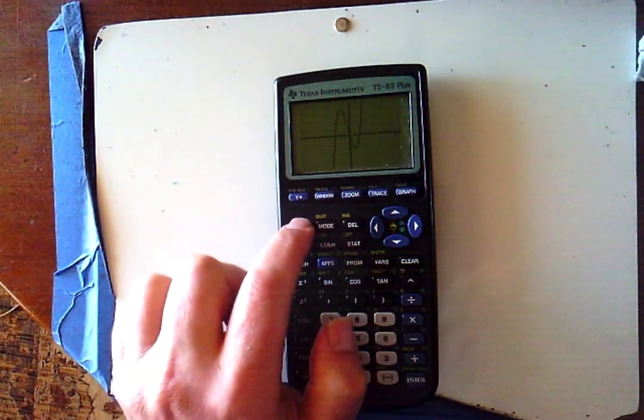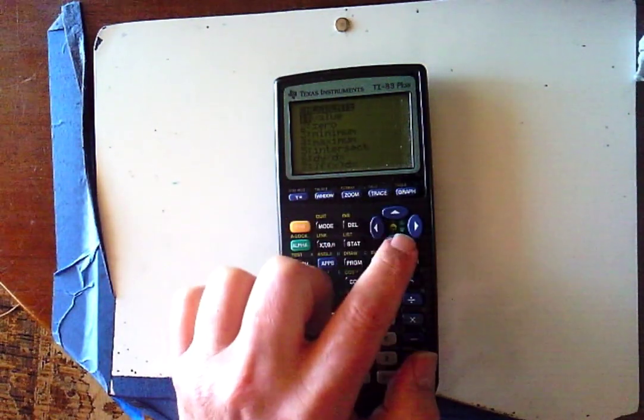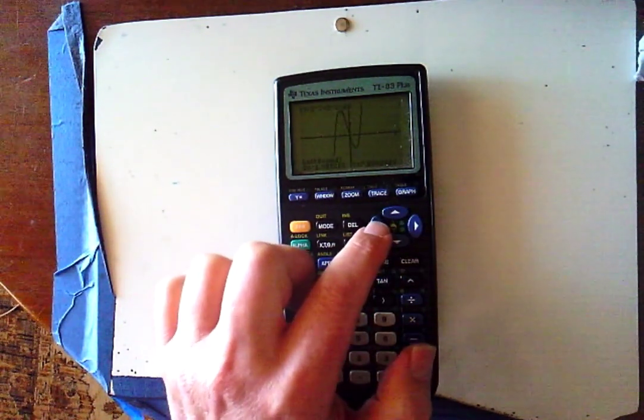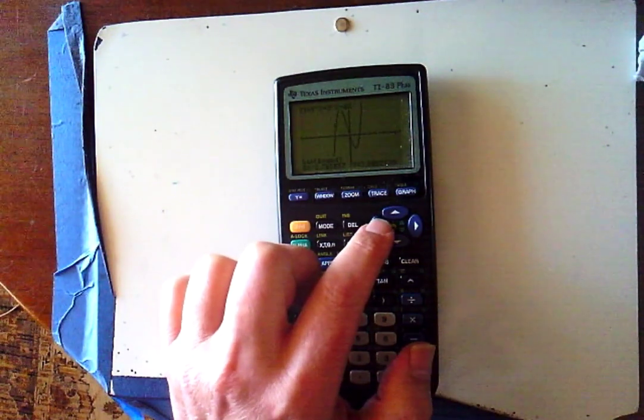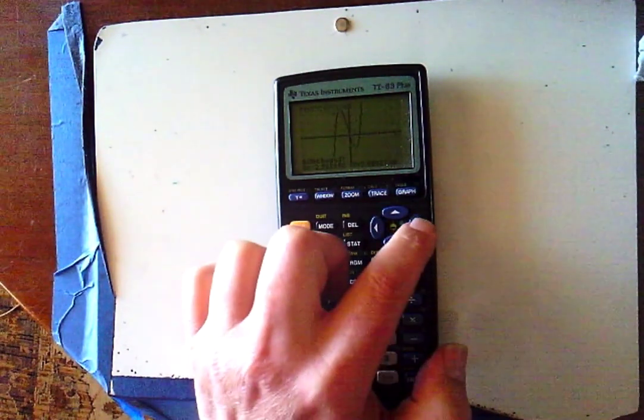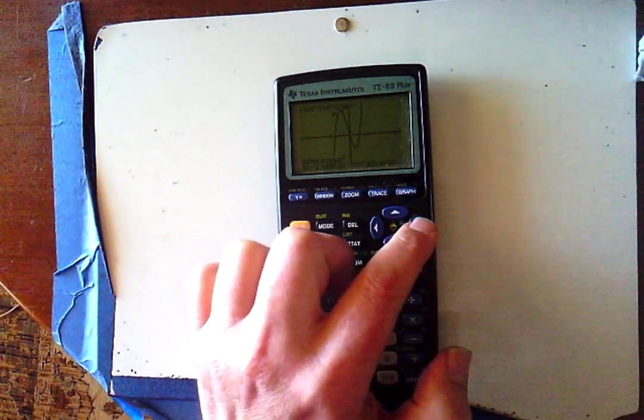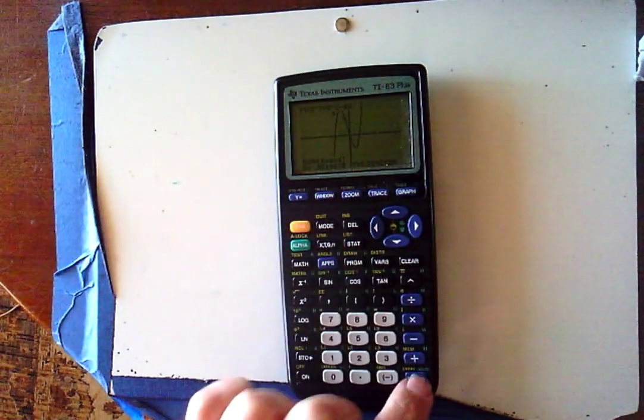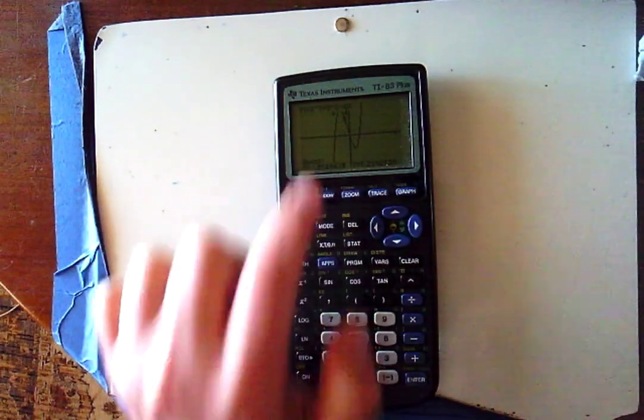Okay, so if I do second, calculate, maximum, I want to move my calculator cursor to the left side of the maximum and hit enter, and then to the right side of the maximum and hit enter. Do I want to guess?